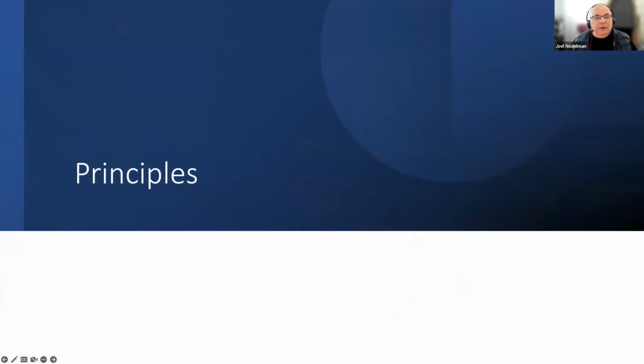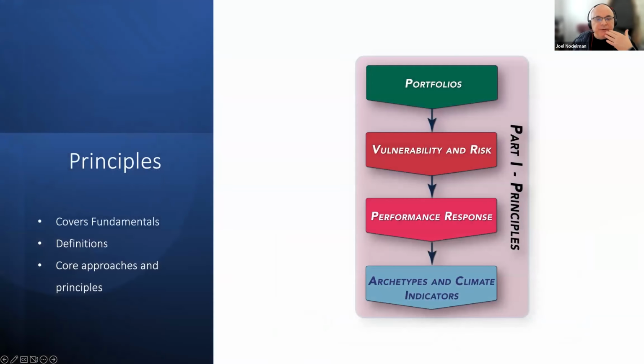So I'm going to start with going through the principles very quickly. The principle section covers fundamentals. It gives the definitions of all of the terminology within the document, and it gives some background as to why the core approaches that are laid out in the procedures are the core process. So it gives some contextualization around what those procedures are and why they're being used.